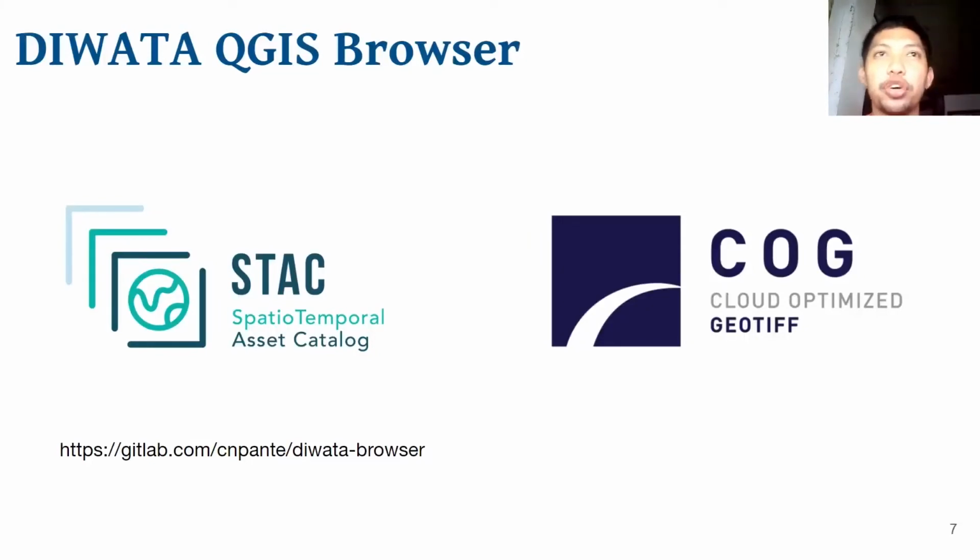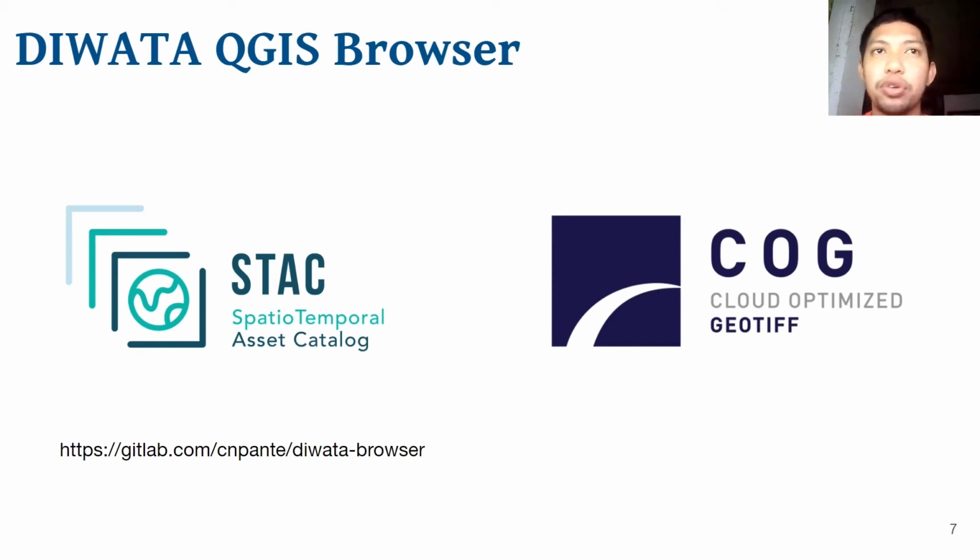STAC and COG can be used to speed up the workflow by letting users explore and load data straight to a GIS application. We can also use the environment to supply for our STAC search, such as the map extent. The image is also directly loaded, which removes data preparation processes such as image corrections, making data ready for analysis.